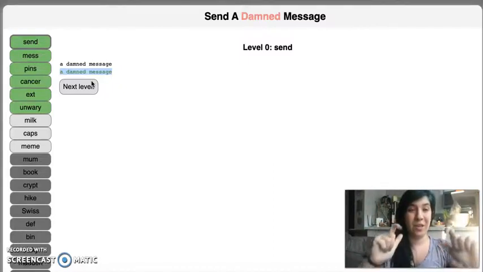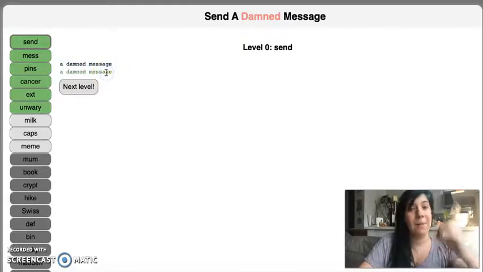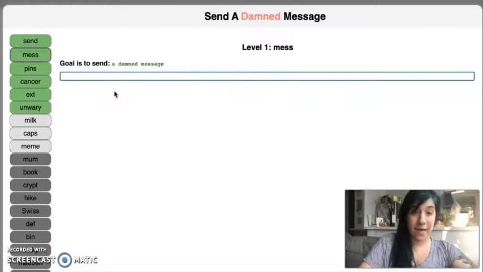The thing that was returned is exactly the same as the thing that I put into it. And if I wanted to fill in that second box, the desired input to get the desired output is just typing a damned message. That gets me my right answer. Now I know some of you are like, Miss, why? And it's going to become very clear in this next one.